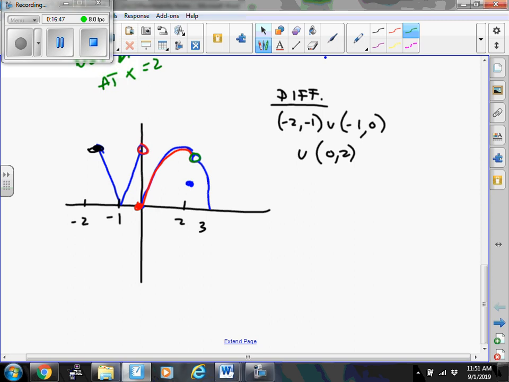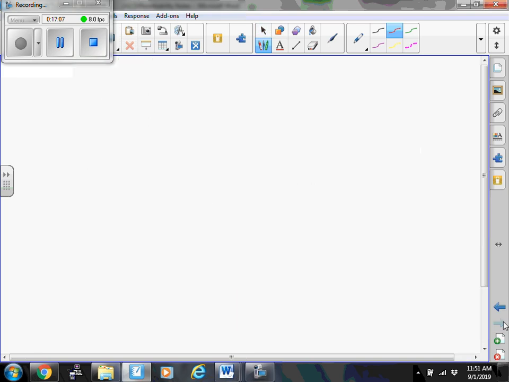So I can't include the 2. Union, and let's finish this one off, 2 to 3. 3 is at the end. Again, it's closed here, which implies I can't tell you what's going on this side with the slope. I don't know if it's a corner, I don't know what's going on. So therefore, I don't include it. So that concludes this section of Unit 3A.